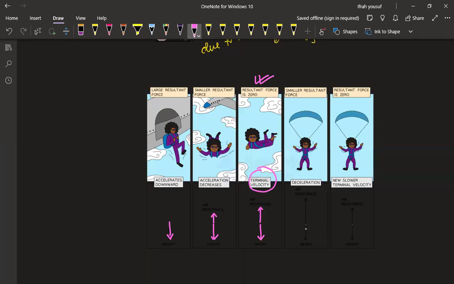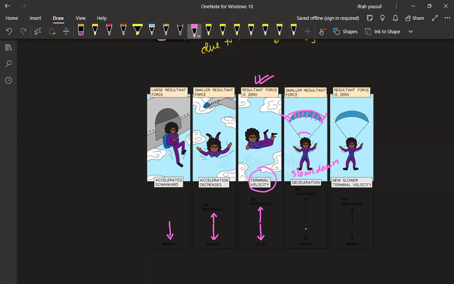Now, if the person wants to slow down, what is he going to do? He opens the parachute, which gives higher air resistance. This way it will have more surface area, so it slows down. Are you clear about the terminal velocity?